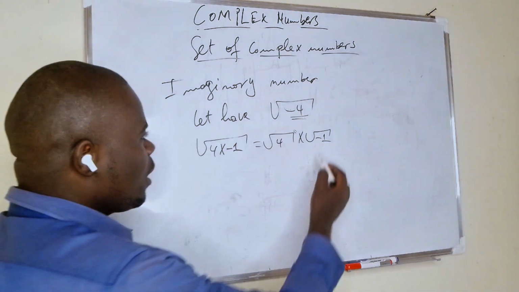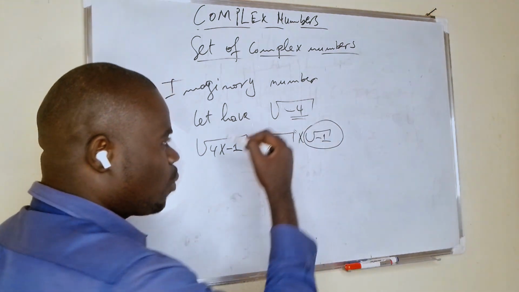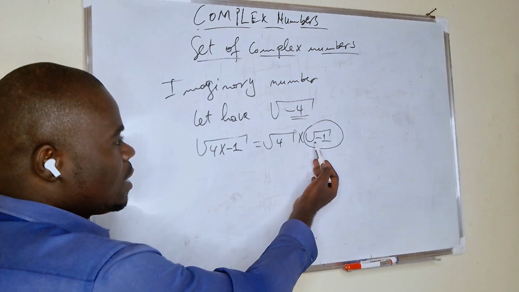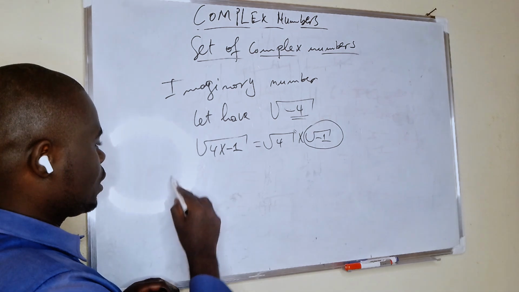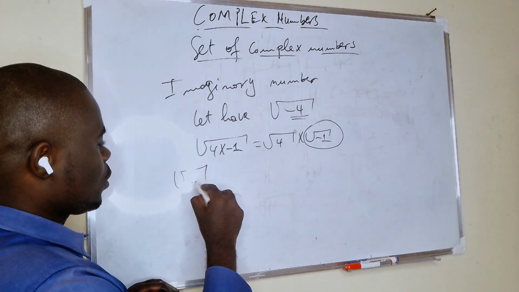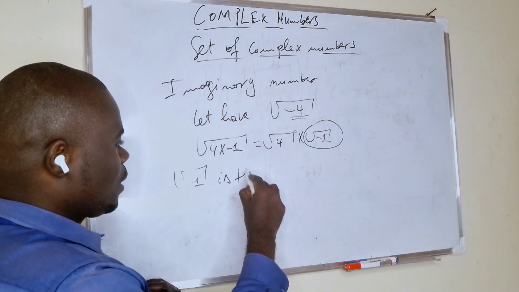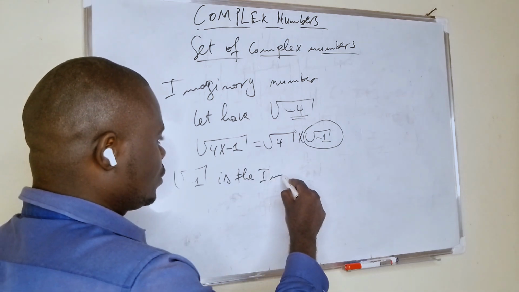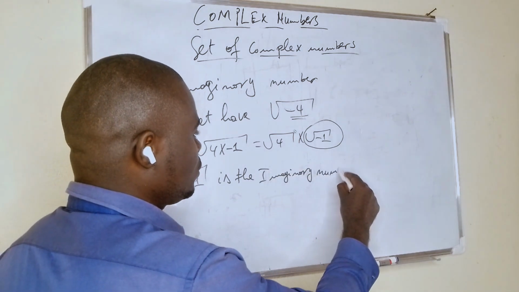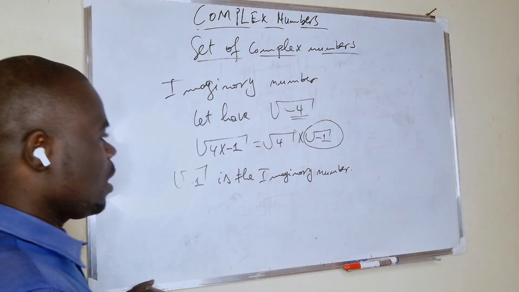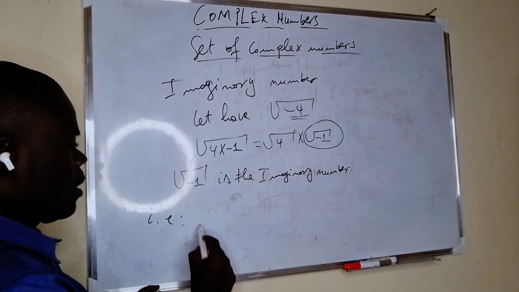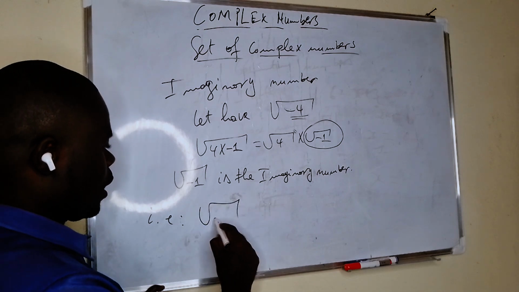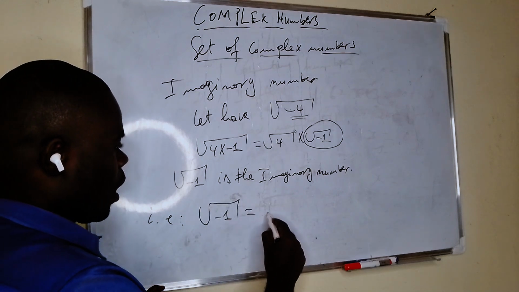Now, for every negative number, the problem is the square root of negative 1. Then we say that the square root of negative 1 is the imaginary number. We call this the imaginary number, such that the square root of negative 1 is equal to i.